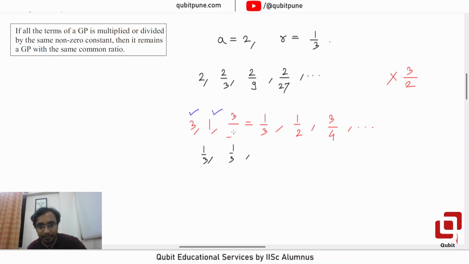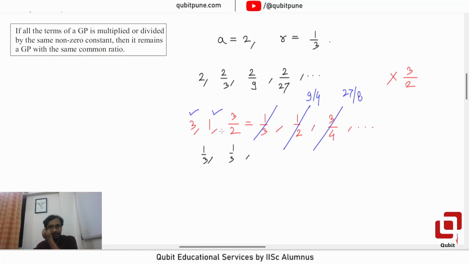It's not 3 by 9, it's 3 by 2. Again, by mistake, I multiplied by 1 upon 3. Then the fourth term should be 9 by 4, and then 27 by 8. So yes, I think now it is right.